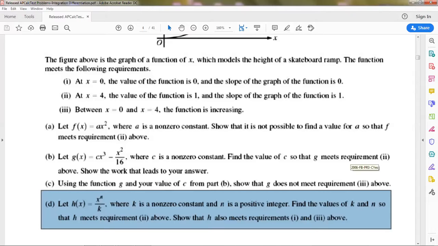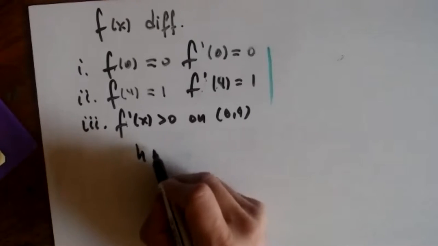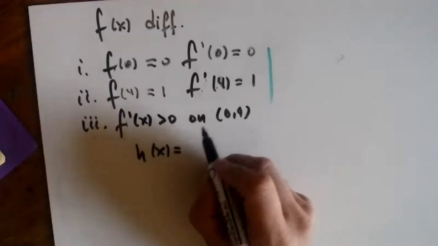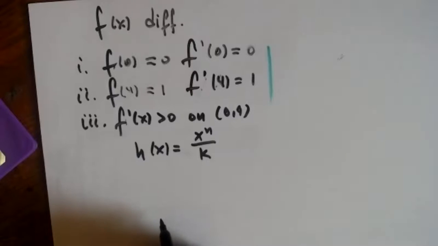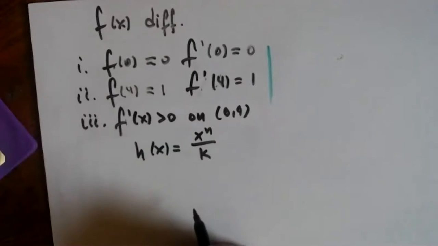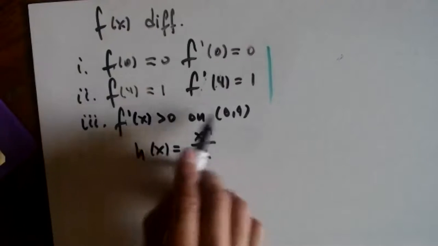I have now h of x equals x to the n over k, right? Two constants and positives, correct? Now, we have to meet the three conditions.